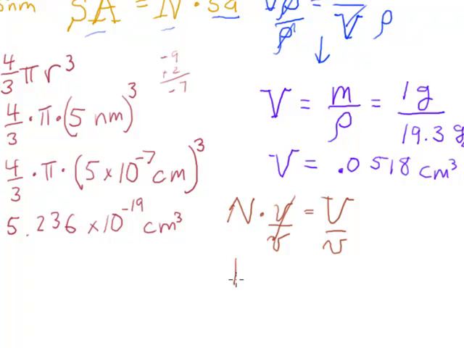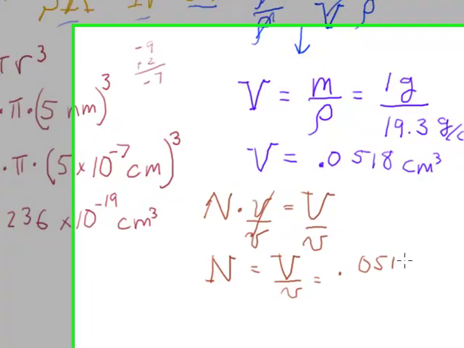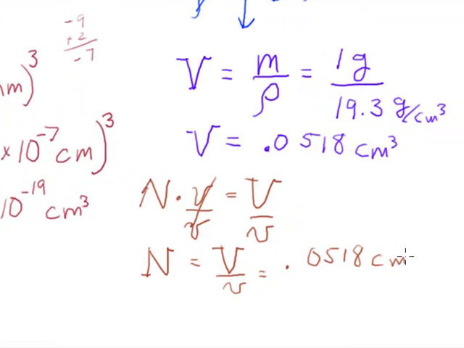It cancels there, and I have n, the number of particles, will equal the total volume of a gram of the particles divided by the volume of each individual particle, which is 0.0518 cubic centimeters divided by 5.236 times 10 to the minus 19th cubic centimeters.